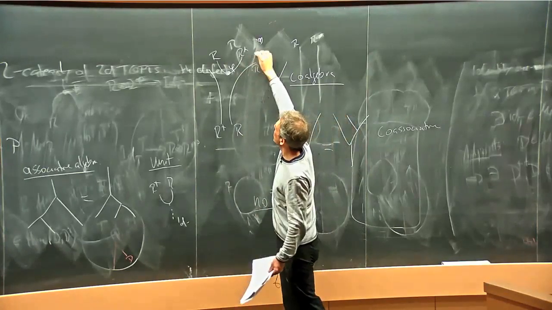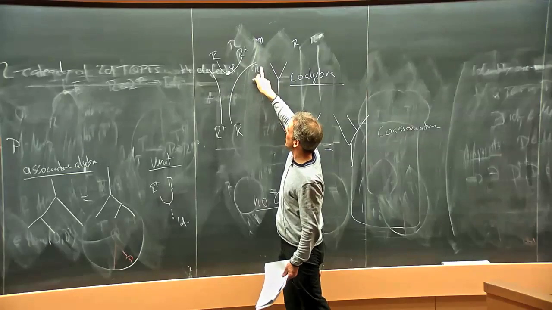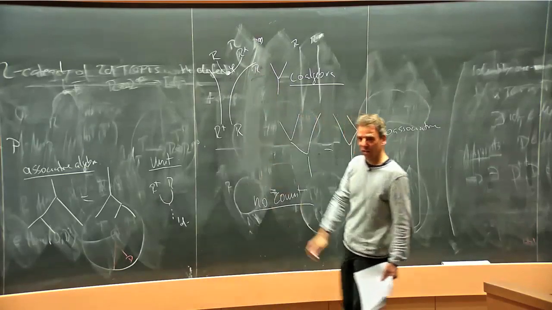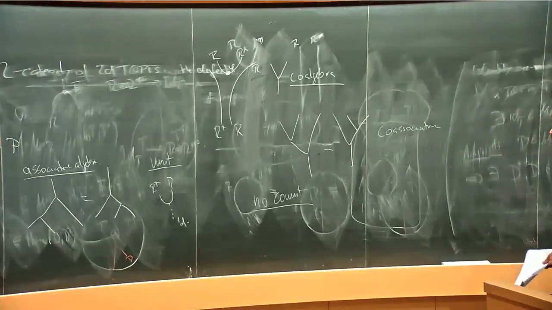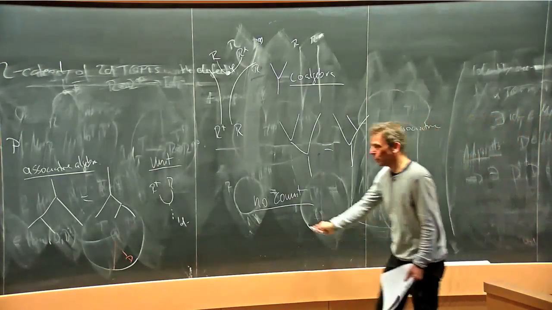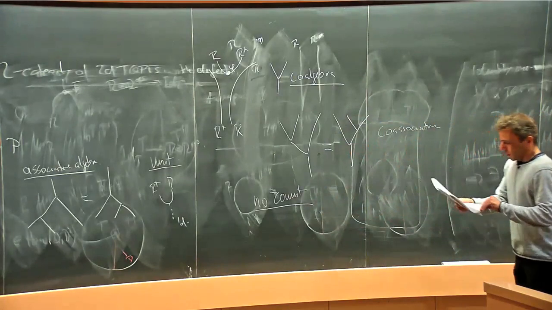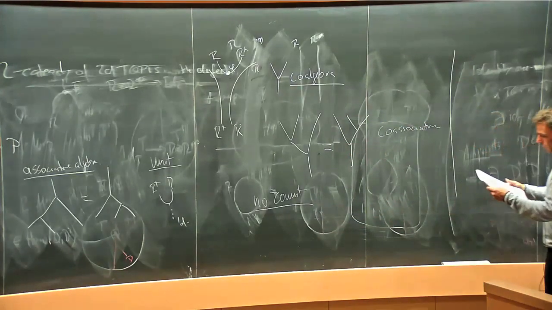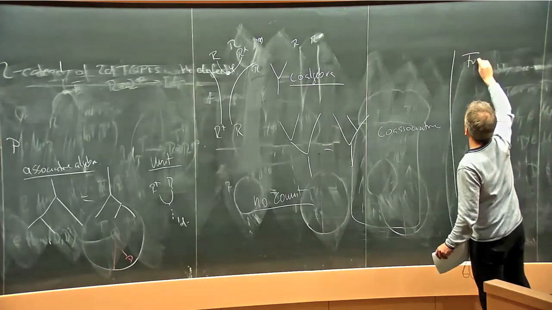So if you would close this up here, then you would have to have some R right adjoint here, but there's just an R here. So you can't close it off. Okay, so in general, there's no co-unit. And there are some more properties. For instance, it's a Frobenius algebra.